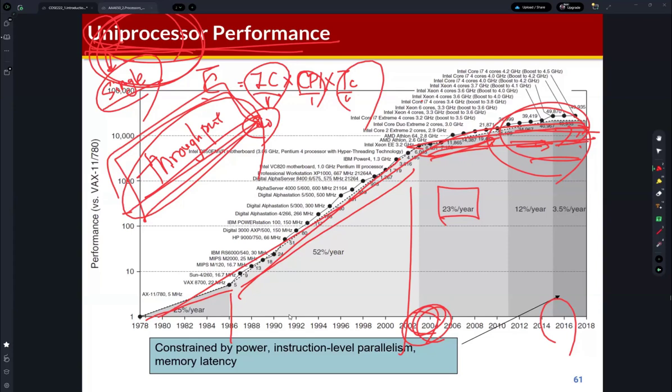Then what is required? I mentioned the single-threaded application. In order to increase the performance of an application, the application needs to support parallel execution or parallel processing. Which means a single application needs to create multiple threads in a CPU.